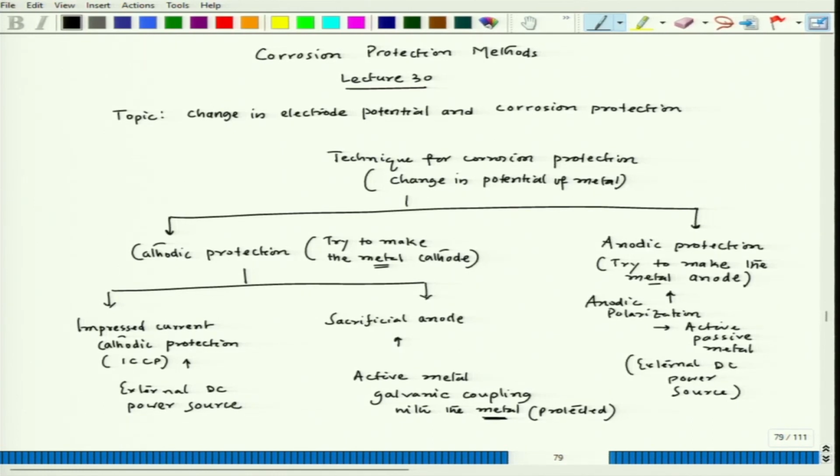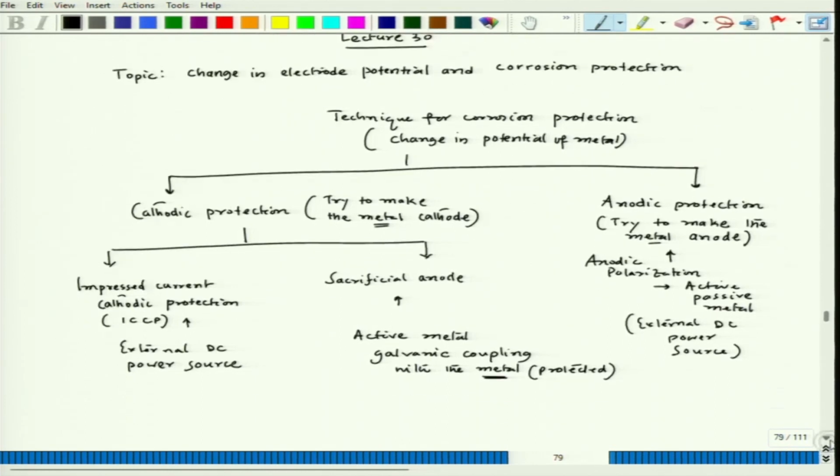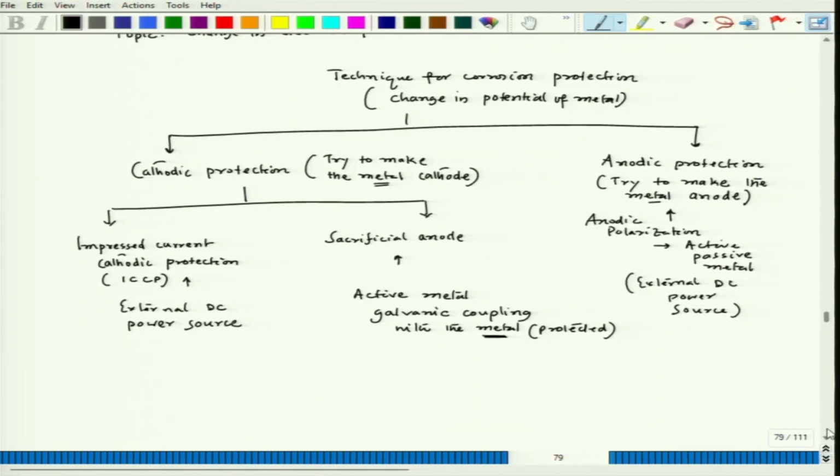Now, these are in brief some of the variations of protection of metals by changing the potential of the metal in that electrolyte. To understand the philosophy as well as the mechanism of how this protection happens, we need to look into polarization. Whenever the metal potential changes, we are actually incorporating polarization in the metal.